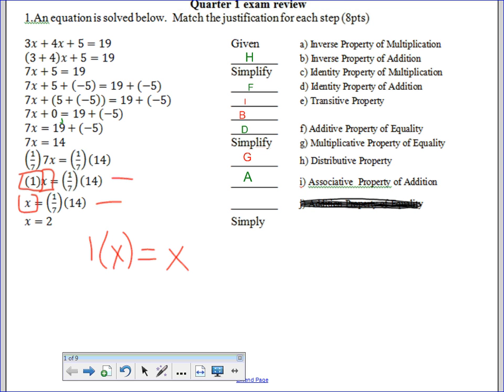Well, that's an identity, and it's the multiplicative identity, the identity property of multiplication. And so that is how we do the first problem. The key is to look at steps and say what changed between each step.